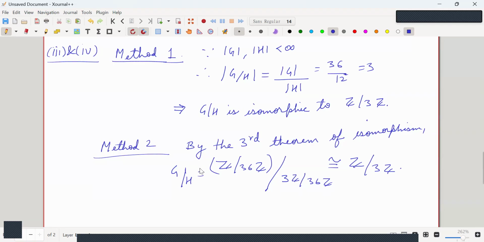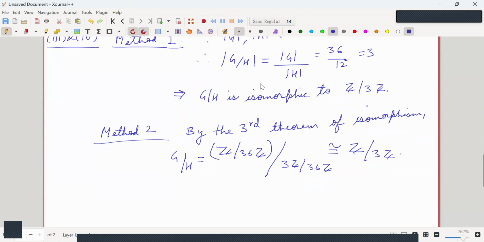But you know that if the group you are taking the quotient from, Z modulo 36Z or anything else, is cyclic, the factor group has to be cyclic. So even if the number is not a prime, in a similar kind of situation, you will always get Z modulo nZ by method 1 also. So without using the third theorem of isomorphism, you can also conclude in a similar manner.